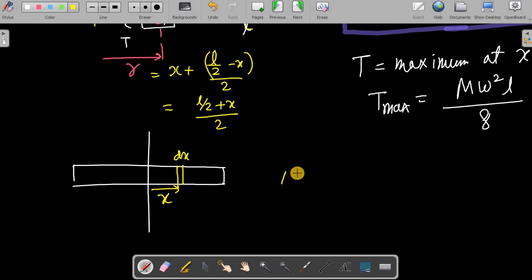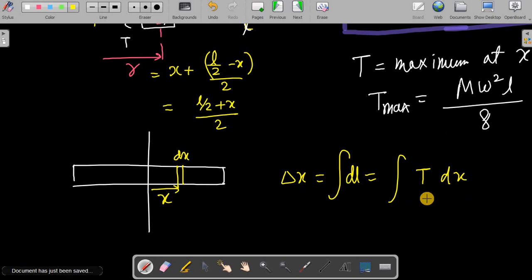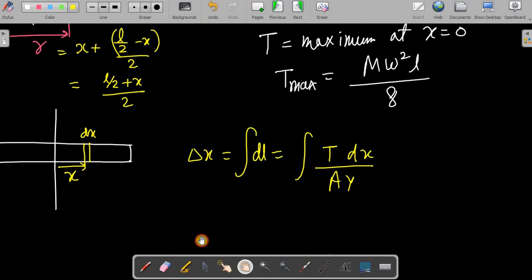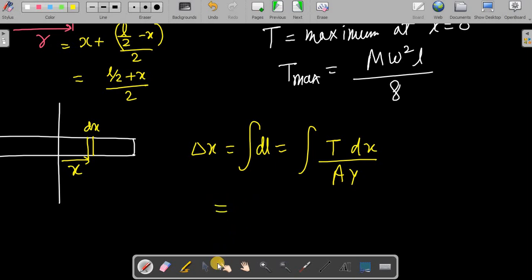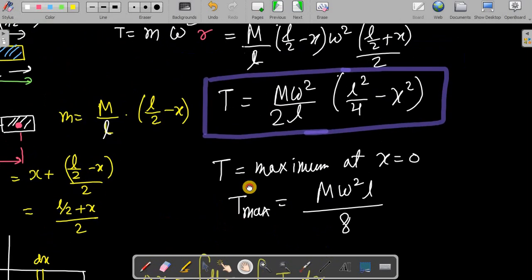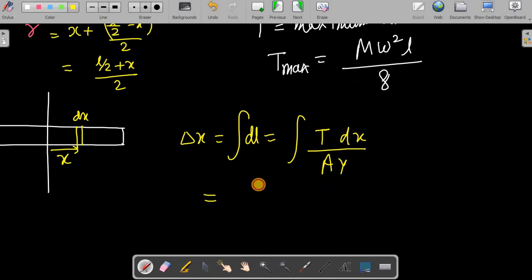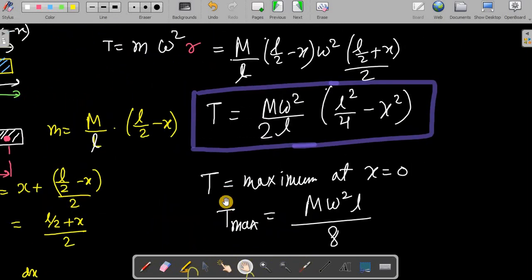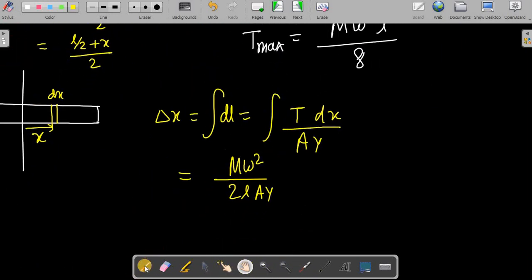So total elongation is the integration of the tension acting, F L by A Y. Here tension is given by this, M omega square by 2, times L square by 4 minus x square.